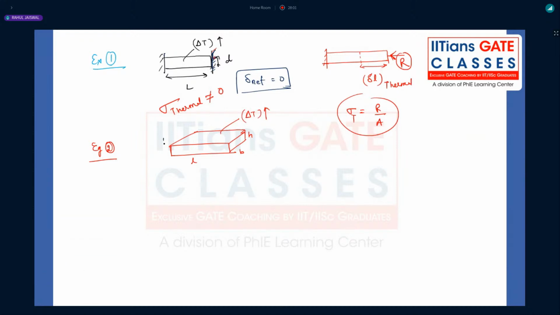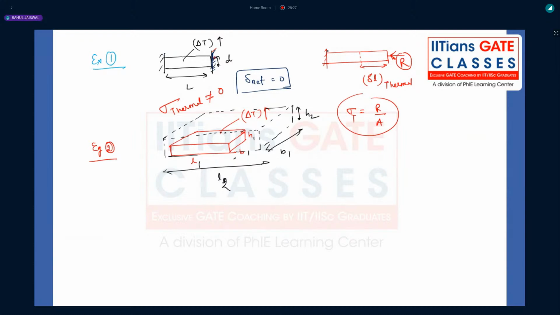It will simply expand. There is no support, just like in the first example. If it is free to expand, what is going to happen? The length will be L2, with L1, B1, H1 becoming L2, B2, H2.